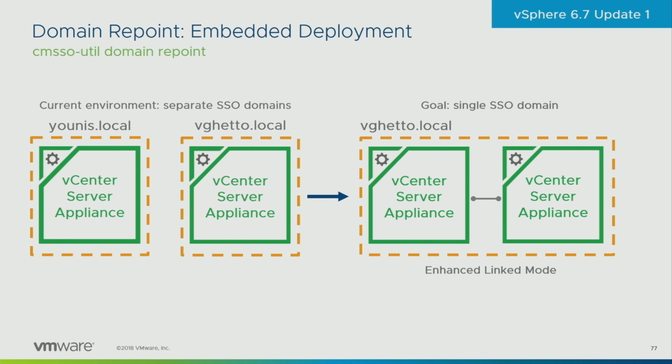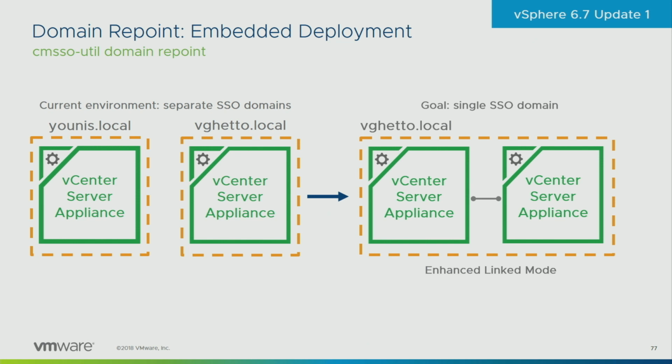So the goal was one single SSO domain. We played a game of rock, paper, scissors, and of course William won, and we decided on vGhetto.local. So what we ended up doing was using the cmsso-util domain repoint command to repoint my vCenter Server into his SSO domain.